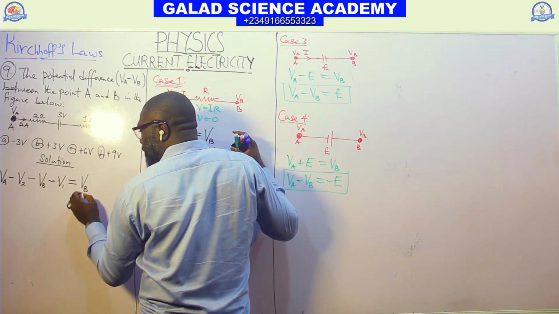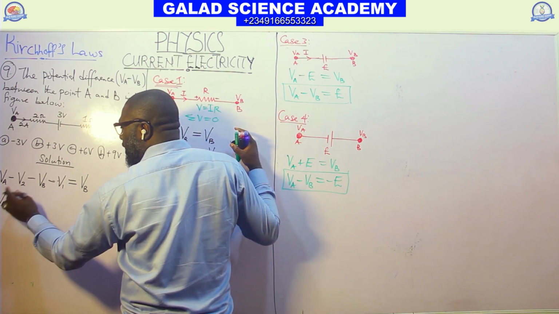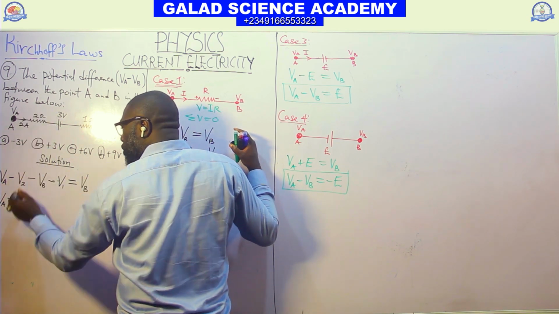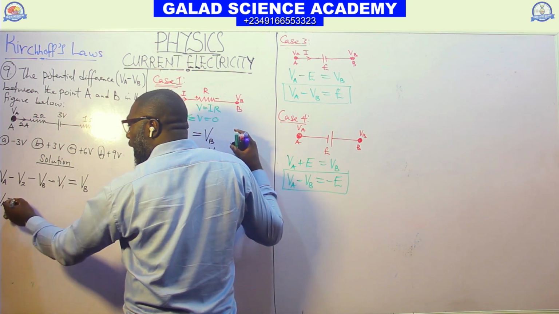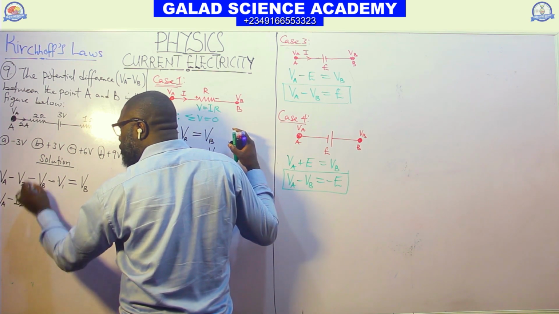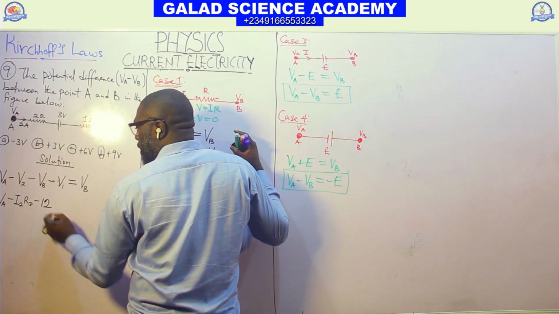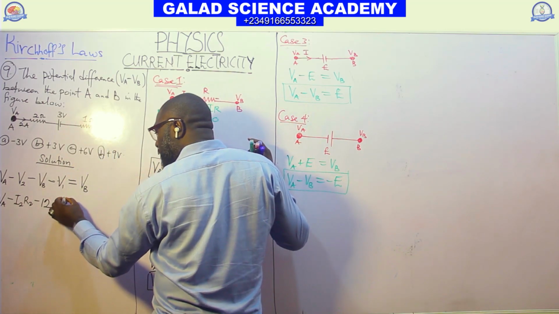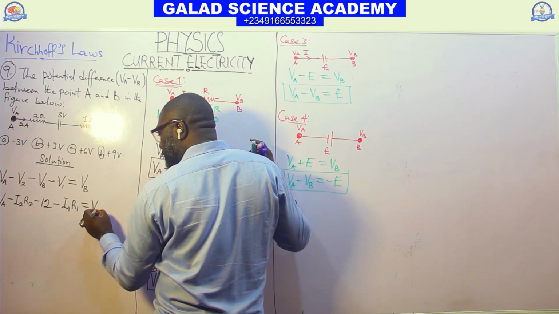So this VA, what does it stand for? It will be this current times 2, which I can call current I2 and R2, minus the battery. What is the battery here? It is 12. Minus this one, current I1 and R1, equals VB.